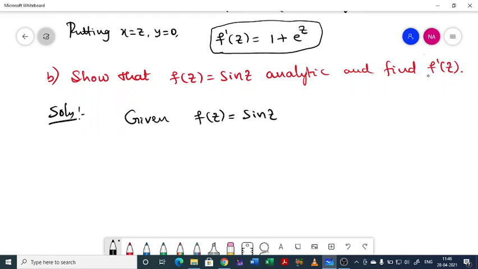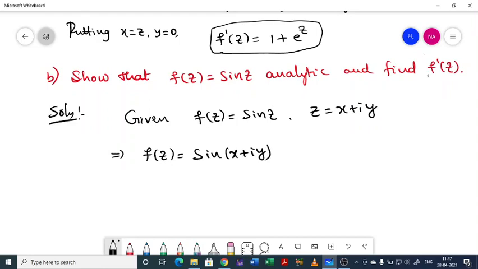See, here you can take either z equal to r into e power i theta or z equal to x plus iy, but z equal to x plus iy is easiest to simplify this expression. You can use the sin of a plus b formula. So take z equal to x plus iy. Now f of z equal to sin of x plus iy.